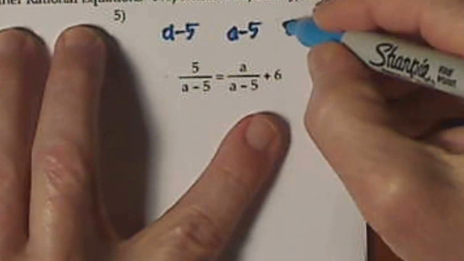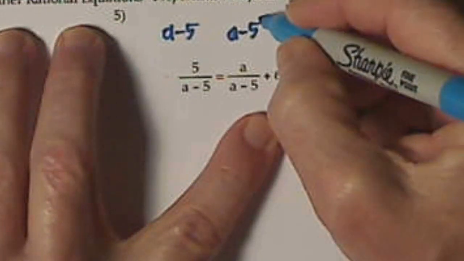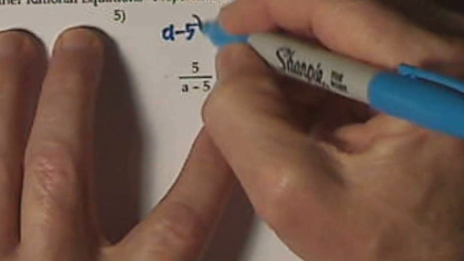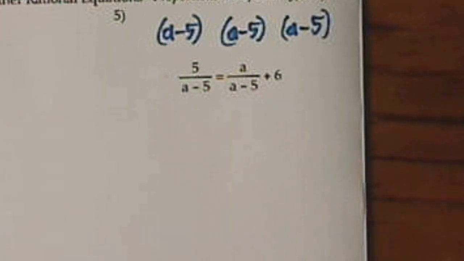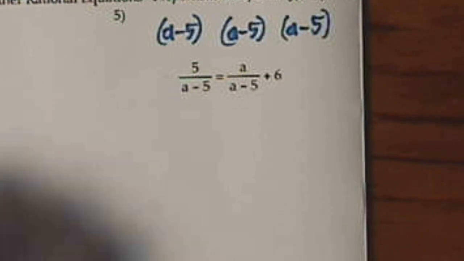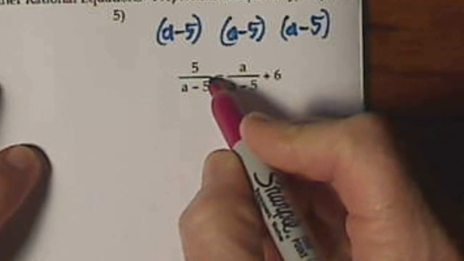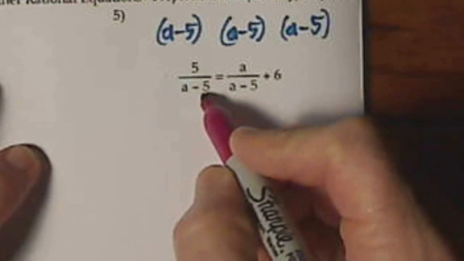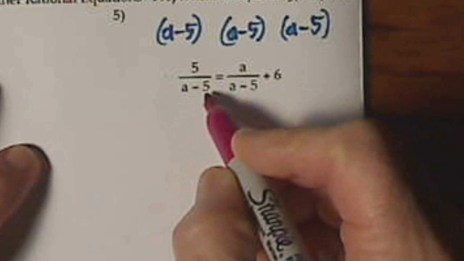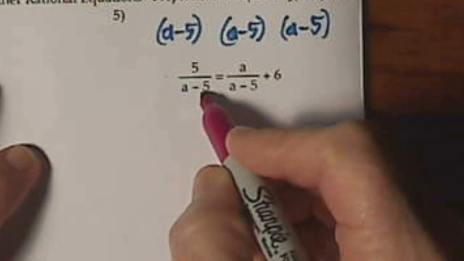And I'll put them in parentheses. It's not actually critical, but maybe it'll be more clear what's happening. In this denominator, the fraction bar itself acts as a grouping symbol. So this fraction bar implies parentheses for these terms.